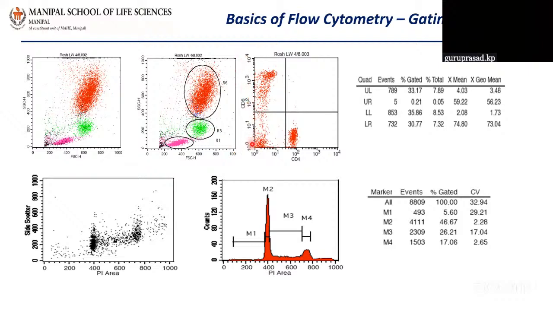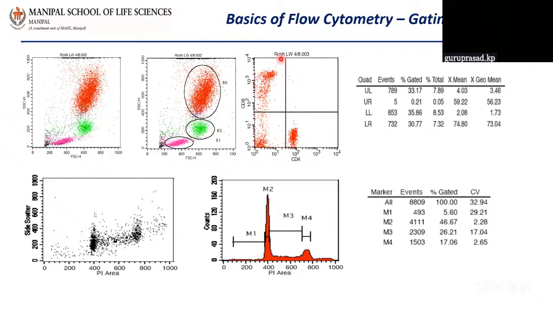Now what I have done, I have run the unstained sample. When I run the unstained sample, all the cells will be very close to zero. Based on that, I marked a line quadrant so that any dots present in the lower left, negative on both the x-axis and y-axis, are negative for the green color and negative for the red color.